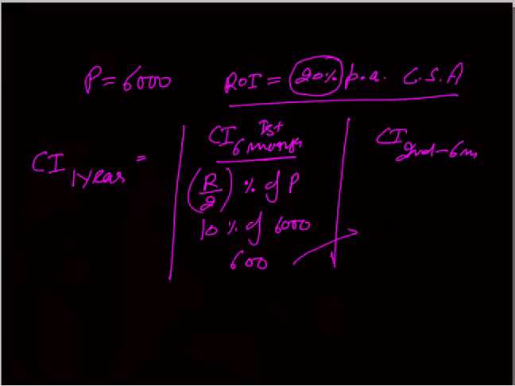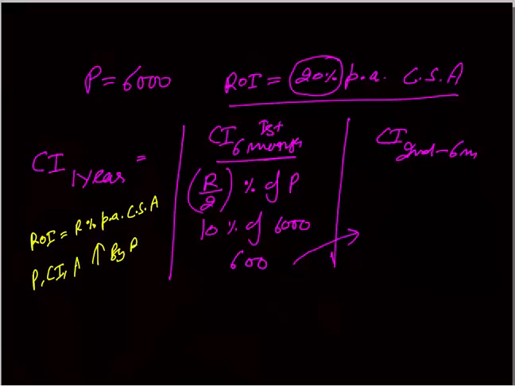Now, as I told you, whenever the rate of interest is R% per annum compounding semi-annually, your compound interest amount will increase by R by 2% every 6 months.